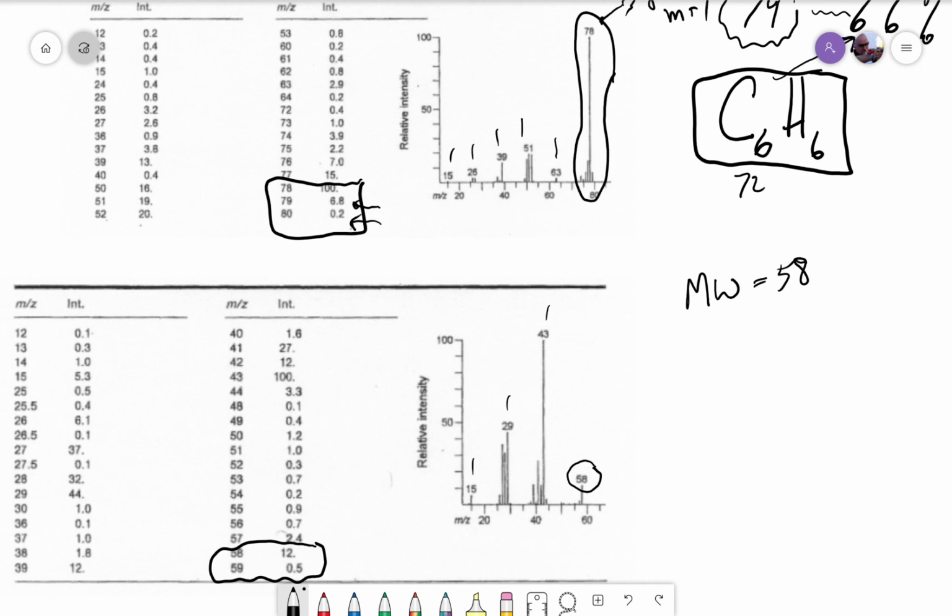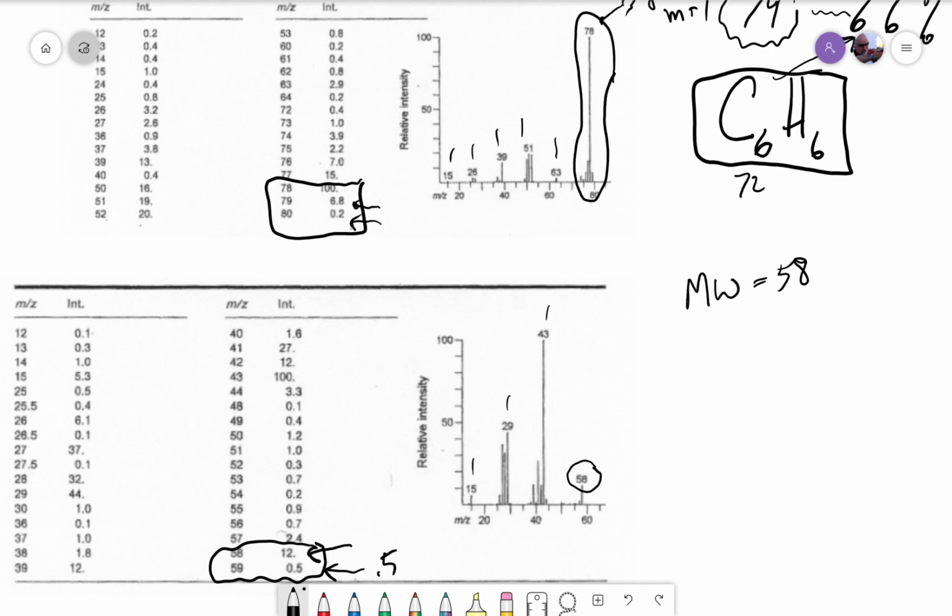If we look, 58 has a percent composition of 12, and its C13 is only 0.5%. Off the top of our heads, we might say 0.5% is not enough even for a normal carbon isotope. But let's look at this a little closer.